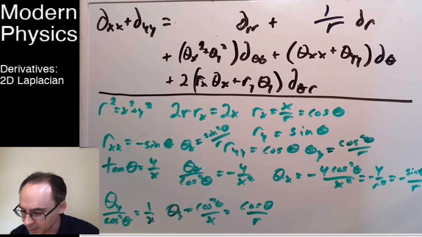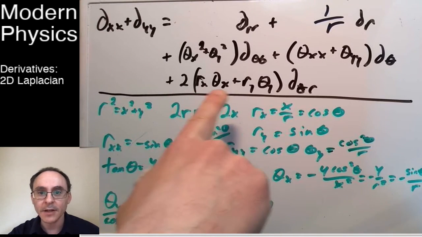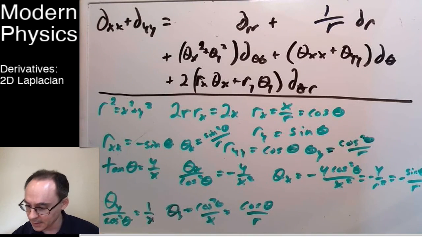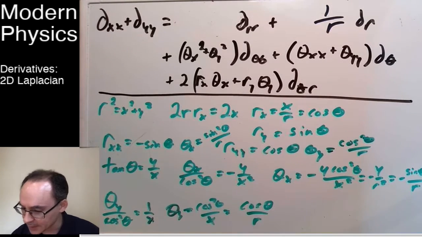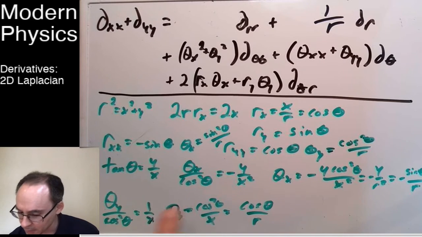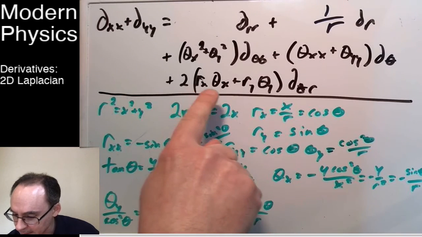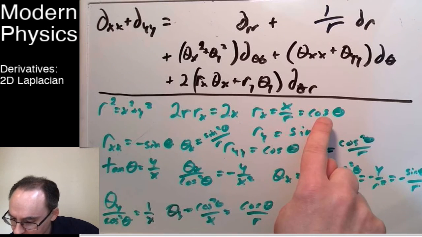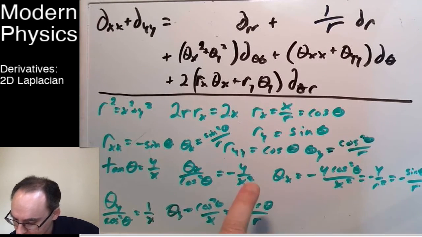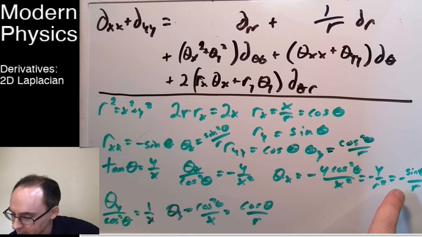Meanwhile, I can also do this mixed term here, because I've got most of what I need except for those second derivatives with respect to theta. So let's see. I've got rx times theta x. That is cosine theta is rx, and then theta x is minus sine theta over r. So I've got basically a minus sine times cosine over r.